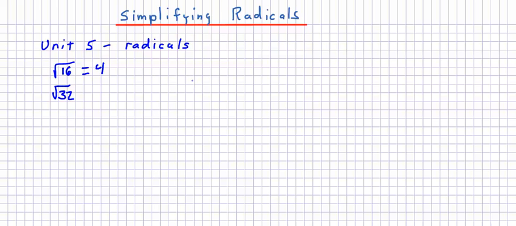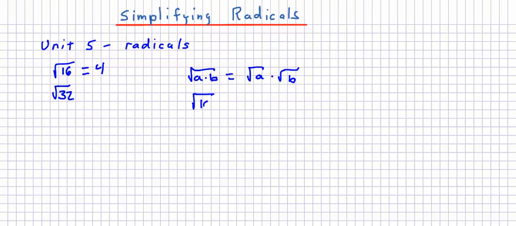So to begin with, we have a property of square roots. Basically it says the square root of a product is equal to the square root of the first factor times the square root of the second factor. So the square root of a times b is equal to the square root of a times the square root of b.